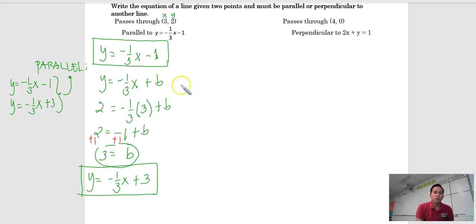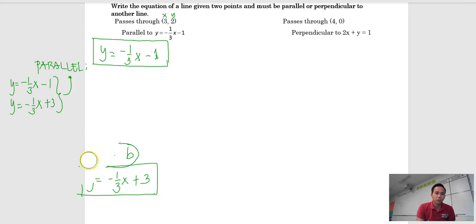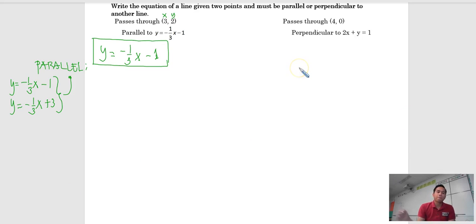Okay. Next, how about if we'll be doing perpendicular? So I have to erase this one, guys, so you can see it's the same process. However, again, slope plays a vital role. The same point and the same value there.